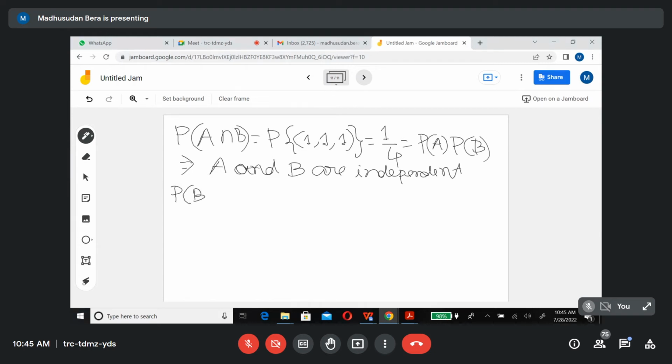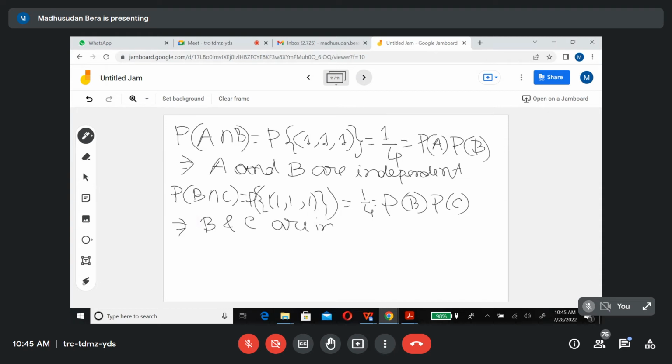What about B and C? B intersection C is also 1 1 1. 1 by 4 equals PB into PC. This implies B and C are independent.